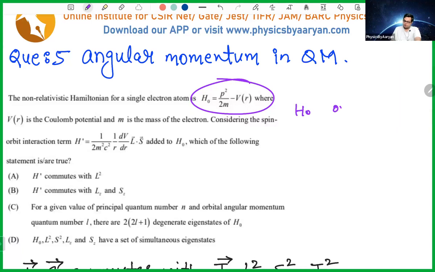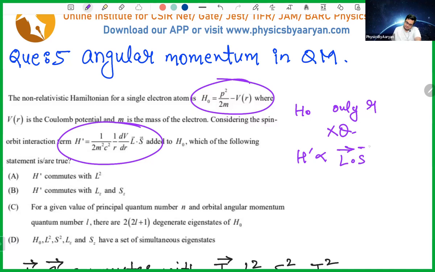H naught only depends upon R. It does not depend upon theta. Okay? And then we have a perturbation. This perturbation is because of the spin orbit coupling. So H dash depends upon L dot S. L dot S will definitely contain theta, because if you remove the dot product, you get cos theta.